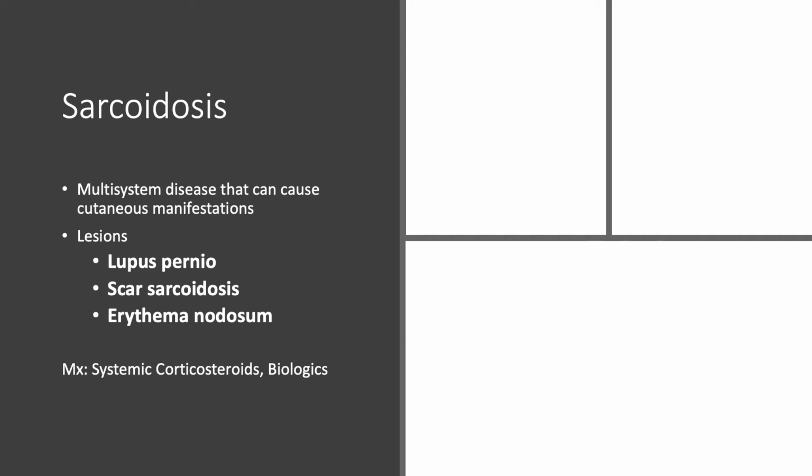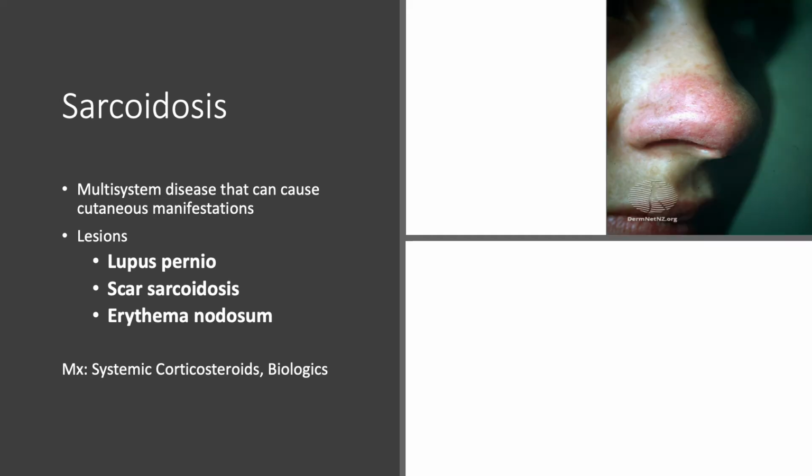Just being able to pick up signs on a clinical examination, sometimes by just looking at a patient, you could see signs of sarcoidosis or signs that may suggest that you need to investigate for this condition. So the first skin manifestation I'd like to talk about is lupus pernio.